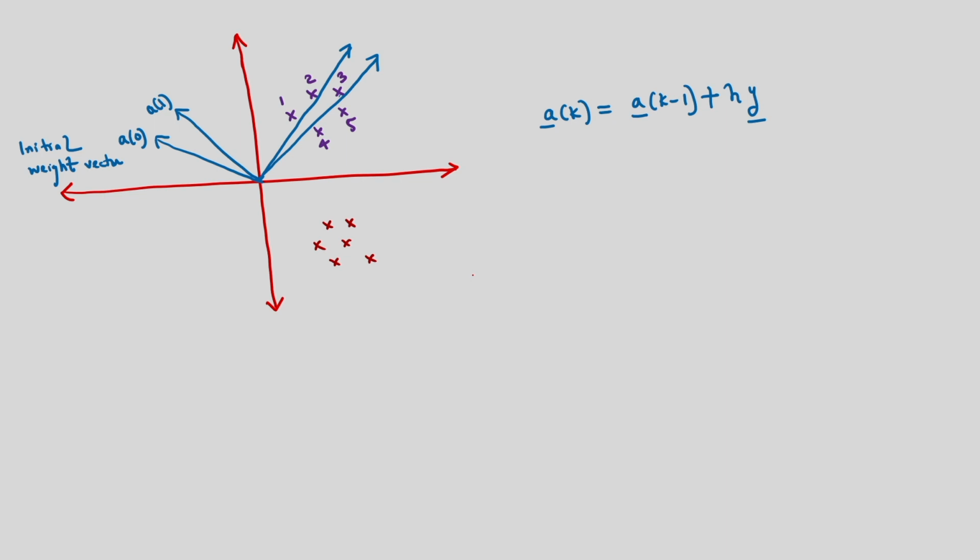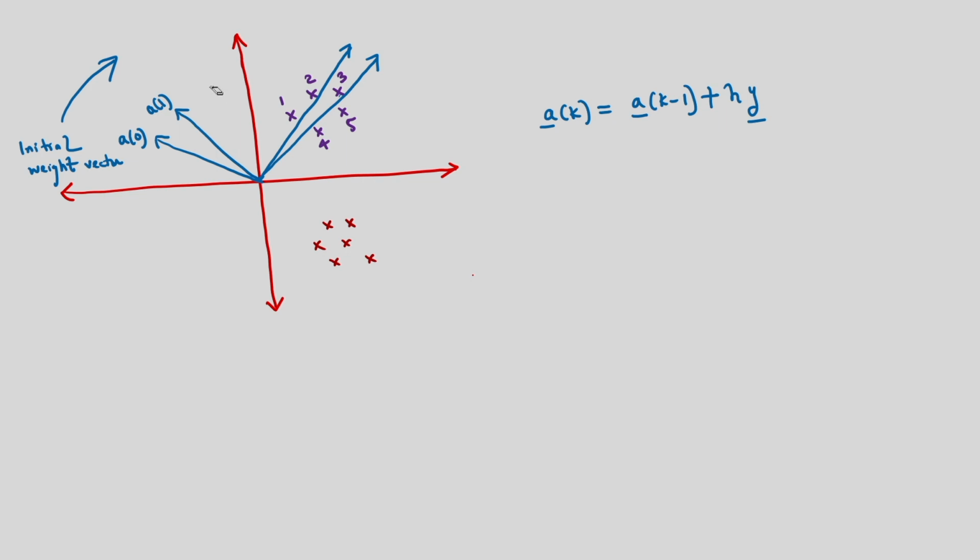With each and every iteration, we are pushing the weight vector towards the misclassified samples. Initially samples 3, 4, 5 were misclassified, and after the updation of the weight, samples 4 and 5 are misclassified.